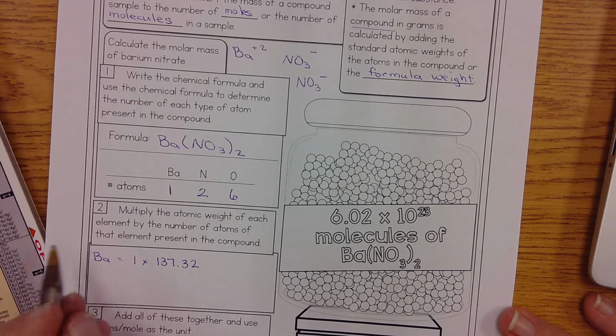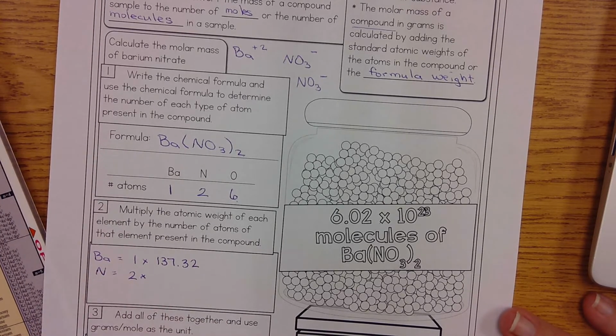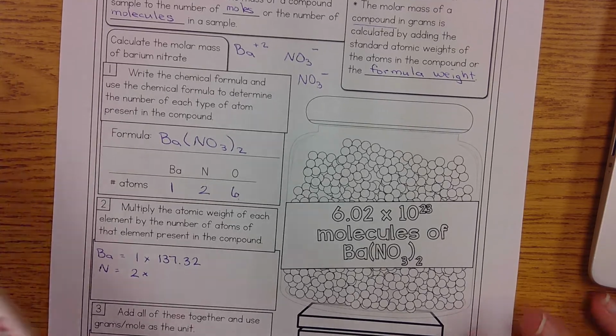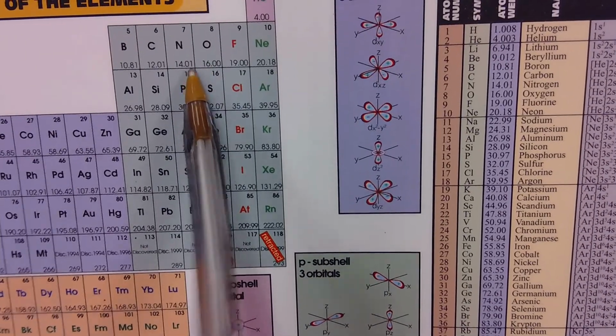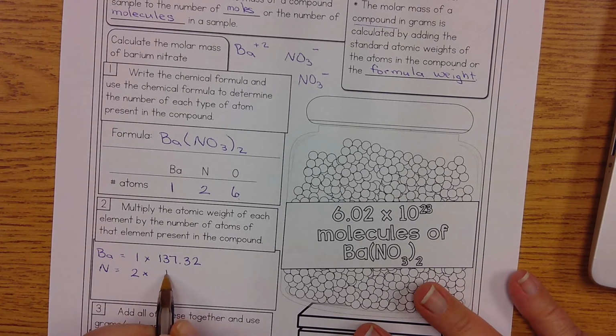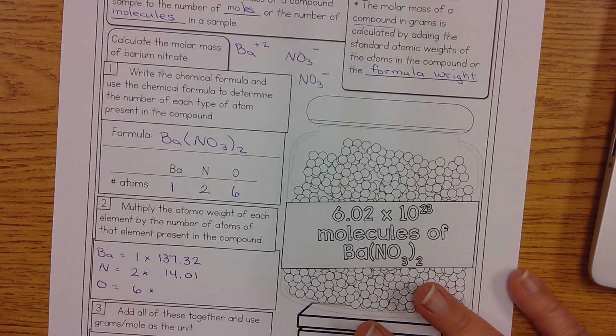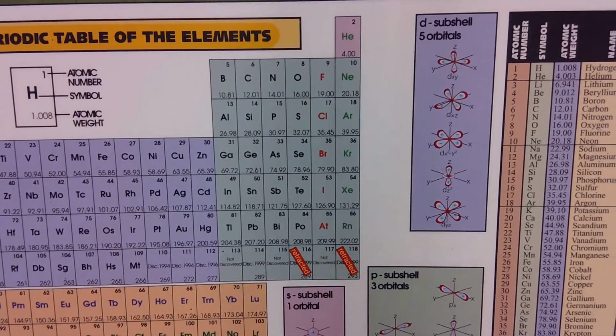Then for nitrogen, there are 2 of them. I find the weight of nitrogen is 14.01. So this time I have 2 times 14.01. And then the oxygen, there are 6 of them, and the formula weight of oxygen is 16.